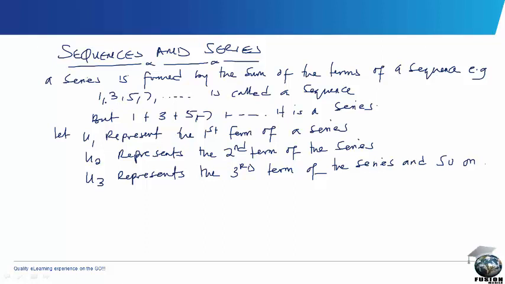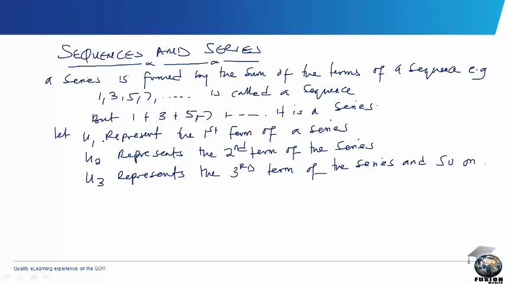The difference between 1 and 3 is 2, between 3 and 5 is 2, and between 5 and 7 is 2, and they continue in that manner. It forms a sequence. What makes it a series is when we apply operations to them, like addition.